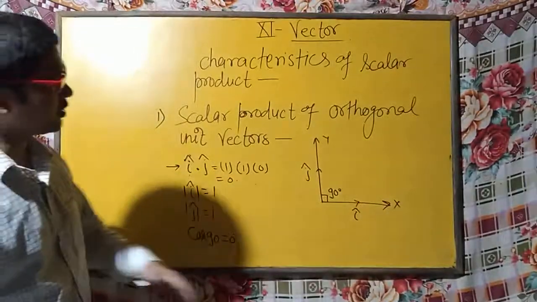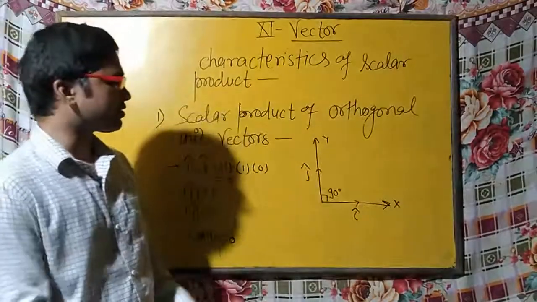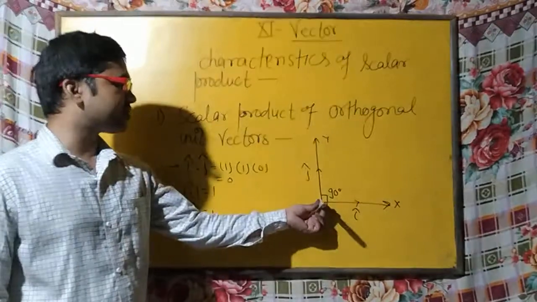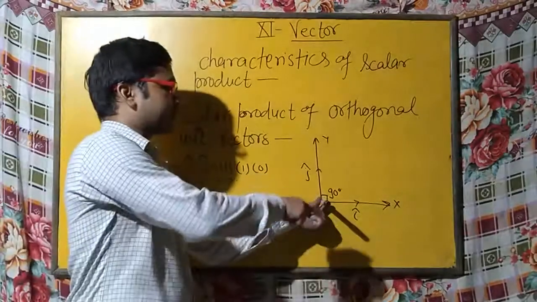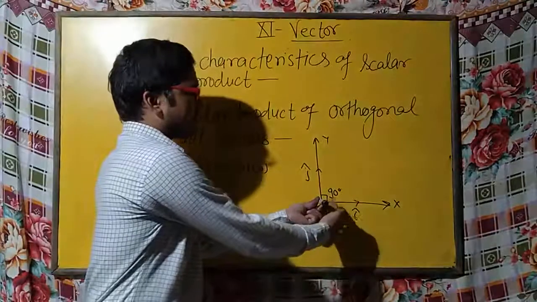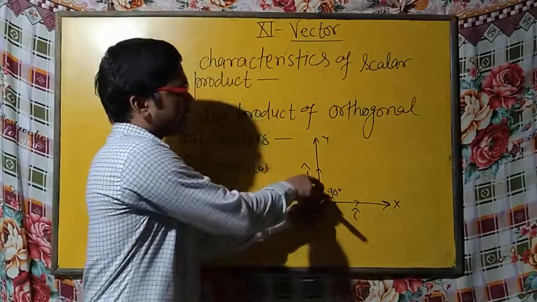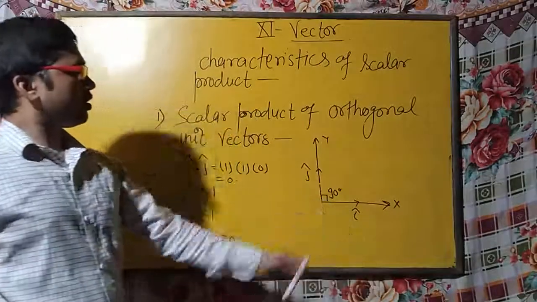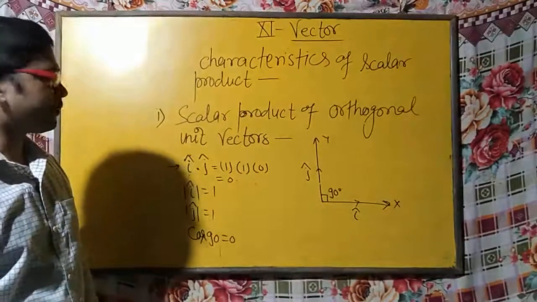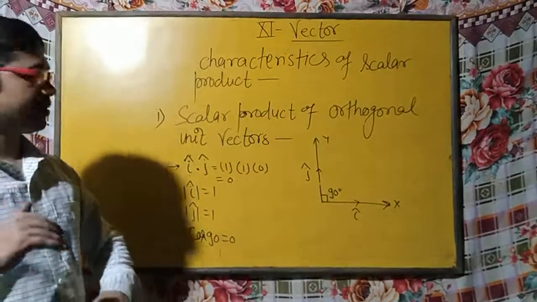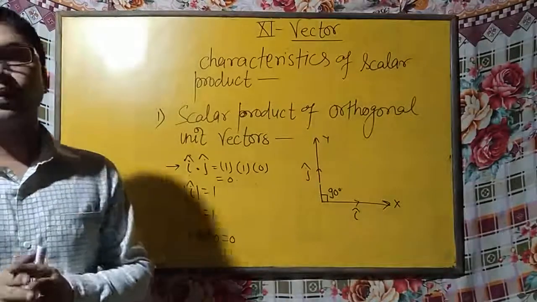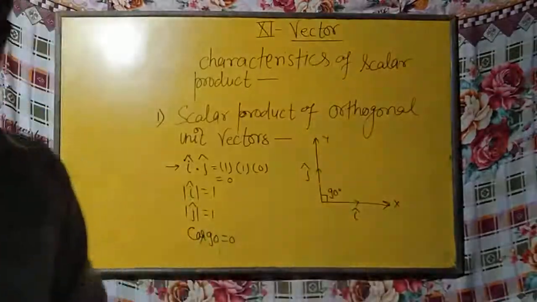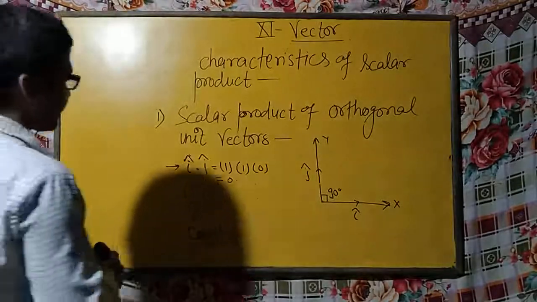So student, this one is the x axis, this one is the y axis, and along the marker is the z axis. So you can see this angle is 90, this one is 90 and this one is 90. I hope you understand how the scalar product of two vectors is 0 when the two vectors are perpendicular to each other.